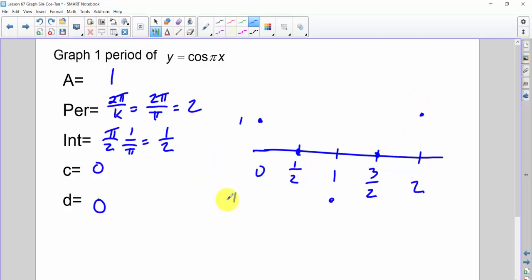So nothing, again, is changing in the shape of the graph. It's just either higher, lower, or more compressed. This, again, looks exactly like our normal cosine graph, except instead of going from 0 to 2 pi, it goes from 0 to 2.